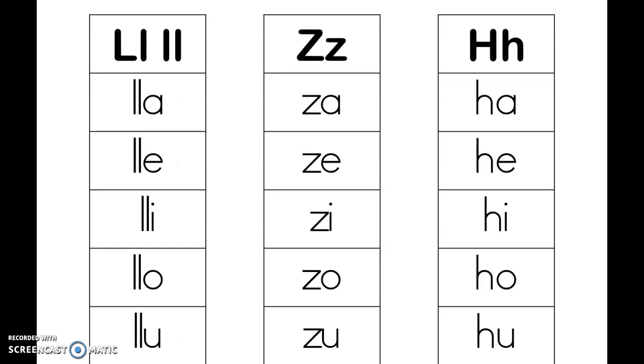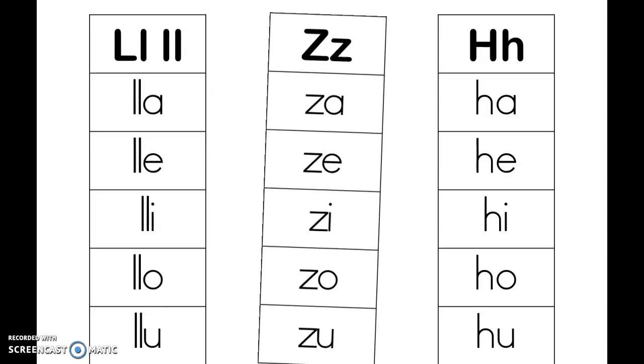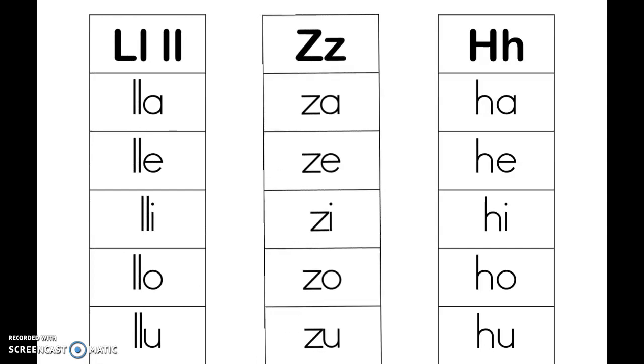Okay. Next letra is letra Ll. Ll is ya, ye, yi, yo, yu. Didn't tilt it. There we go. And then next is letra Z. Sa, se, si, so, su. You'll notice that letra Z is just a simple S sound.